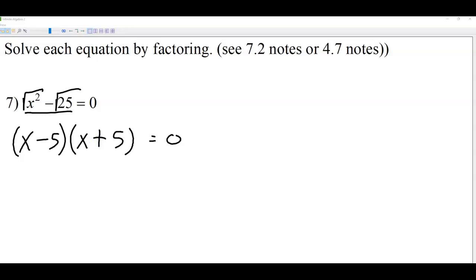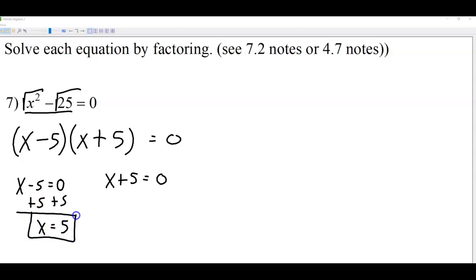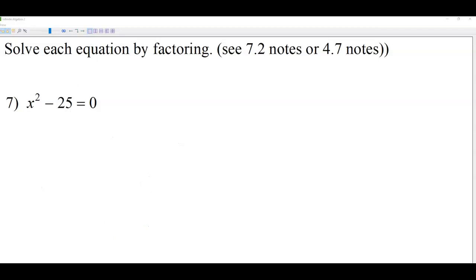Those ones are nice. The next step is to just set each factor equal to 0 and solve. And we have two answers, 5 and negative 5.